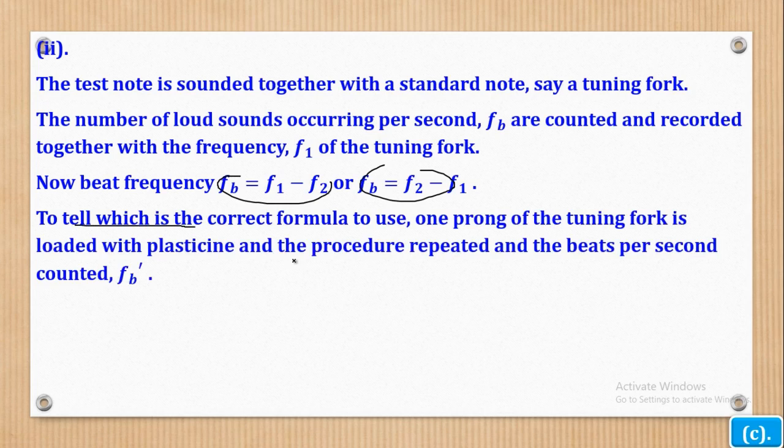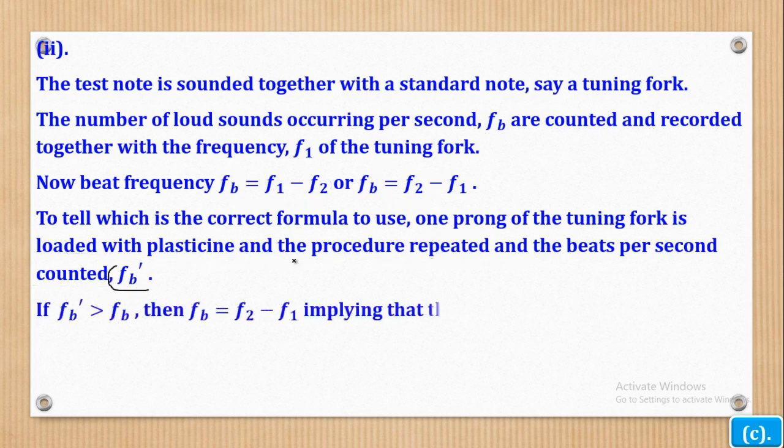So to tell which is the correct formula to use, one prong of the tuning fork is loaded with plasticine and the procedure is repeated and the beats per second counted, which will be now FB prime.